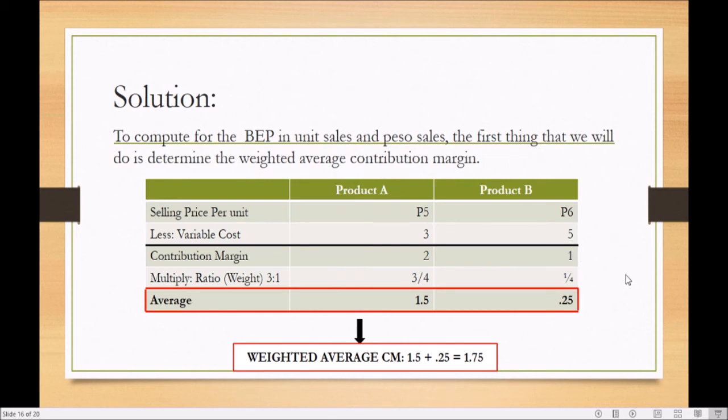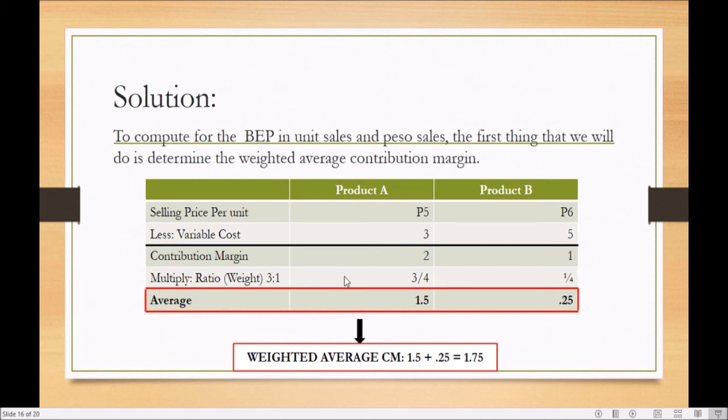To determine the weighted average contribution margin, take note, the ratio is that in every 3 units of product A, there is 1 unit of product B. That is 3:1. Kaya nga, the ratio is 3:1. So, to determine the weight, that is 3/4 and 1/4.